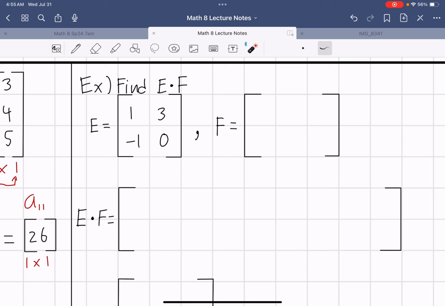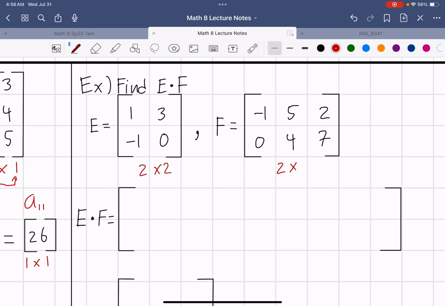I forgot to write down what F is, but I can write it down as we're talking. You want to make sure you start by looking at what your dimensions are. So here I have a 2 by 2 matrix. This is a 2 by 3. Now these two are equal.